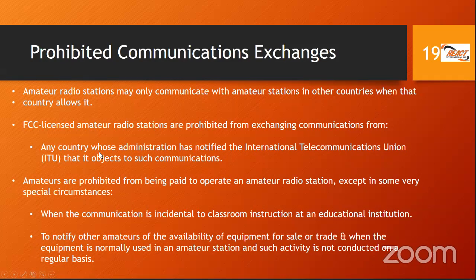So if a country X tells ITU we object to communicating with the US or any other country, then as a ham, you cannot communicate with that country. As of the last book that I read, there are no such countries at this time. But that could always change, right? You know how it goes with diplomatic channels and policy and sovereignty. But just FYI, we're not aware of any current such restrictions for the US.